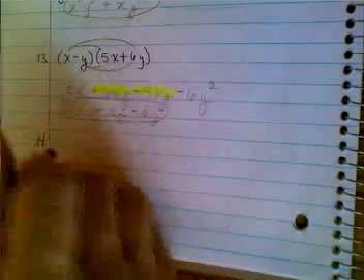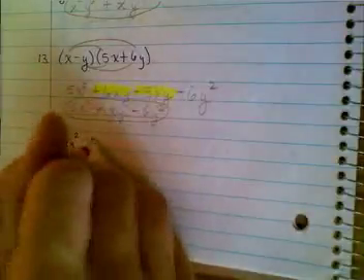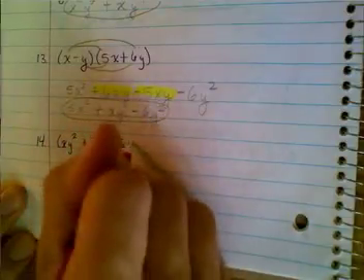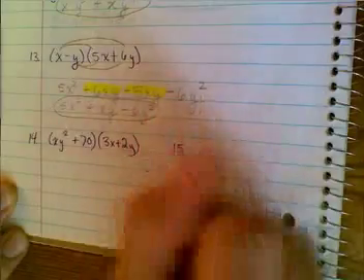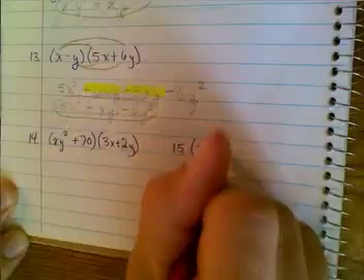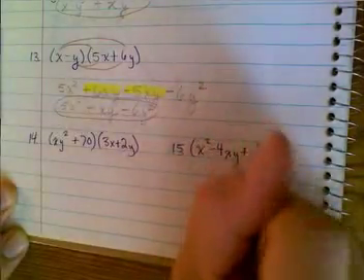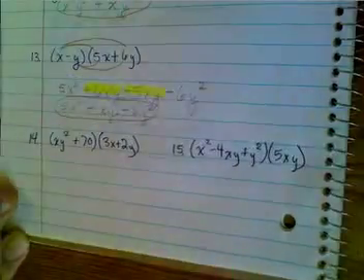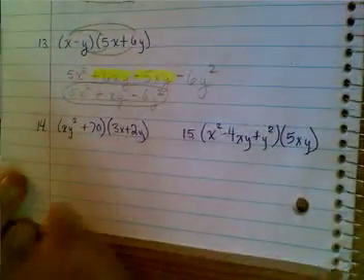Xy squared plus 70 times 3x plus 2y. And to conserve paper, I'm just going to try to get 15 on here as well. It might actually end up being too crowded, but we'll see. Okay, so there we have it. 14 and 15.